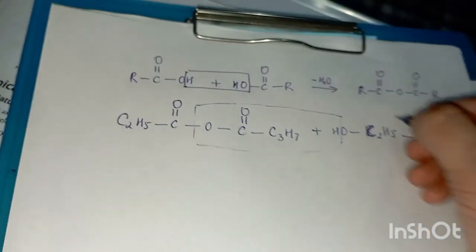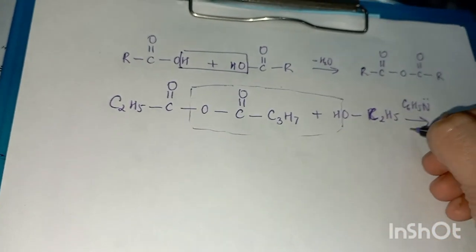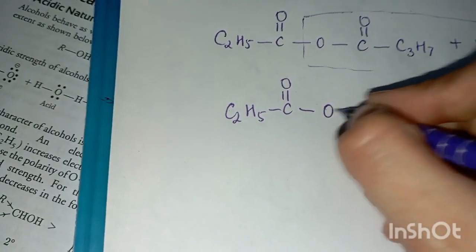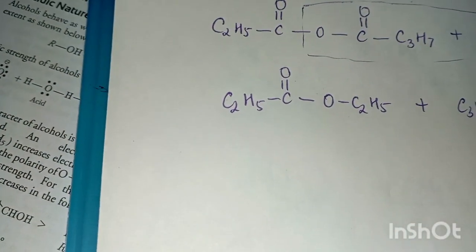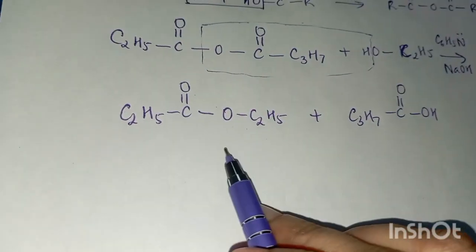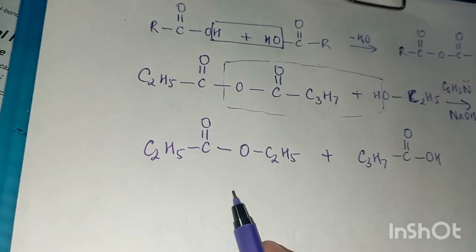Now what will be the products? You can predict the products now. In the presence of pyridine, C6H5N, and base, that is NaOH or KOH, you can take C2H5 C double bond O, O C2H5, plus C3H7 C double bond O, OH. This is the carboxylic acid, and what is this? This is an ester.